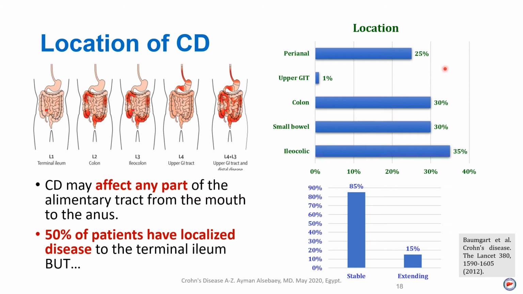In a nice study, they found that 25% of the patients, whatever the location of intestinal affection, will have perianal disease. 1% of the patients will have upper GIT Crohn's. 30% will have isolated Crohn's colitis, 30% will have isolated small bowel Crohn's disease, and 35% will have ileocolic disease, that is to say affection of the terminal ileum and the proximal ascending colon.